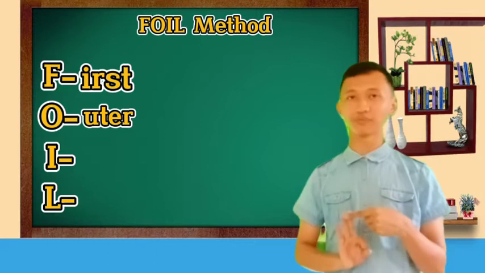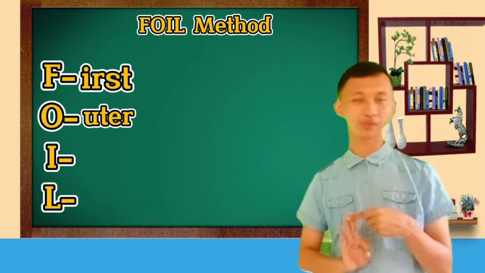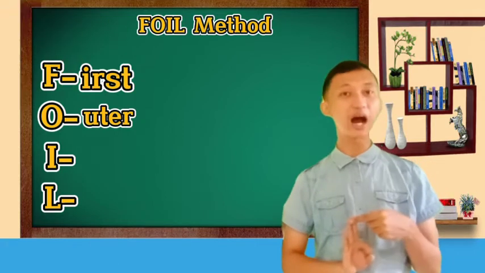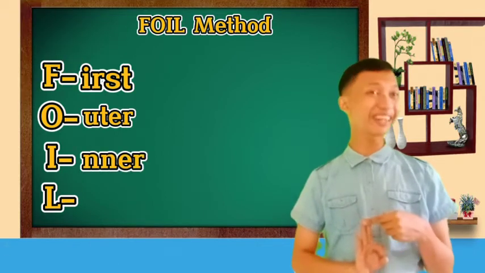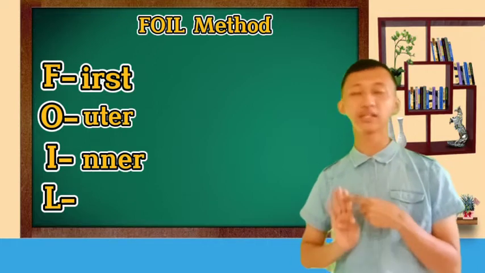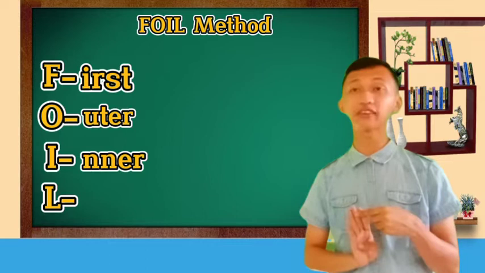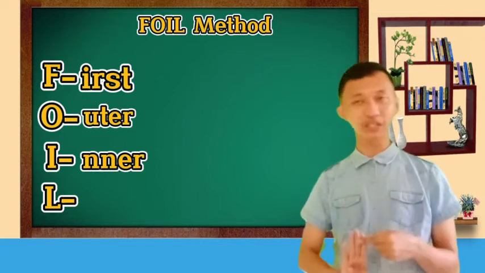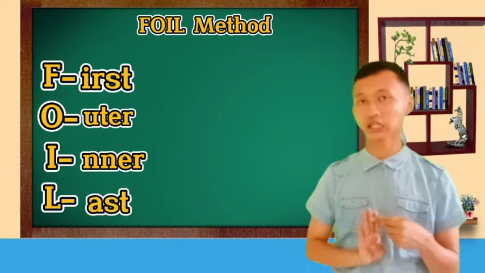The third one, the letter I. Very good. I stands for inner. And the last one, letter L. What does letter L stand for? Very good. L stands for last.